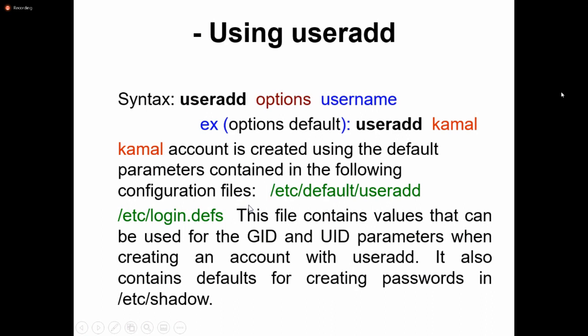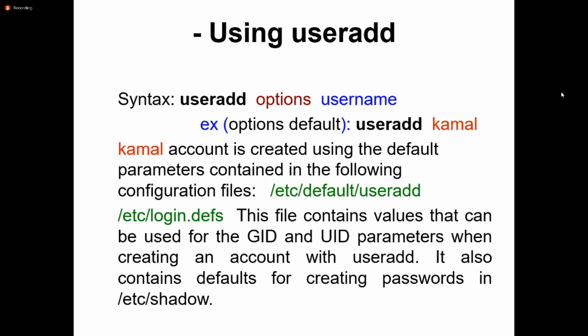right? So this is how you use useradd. useradd, then you give the options, then you give the username. Right? If you just type the useradd command, then the user will be created with the default parameters contained in the following configuration files.